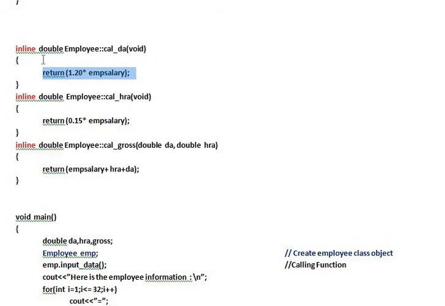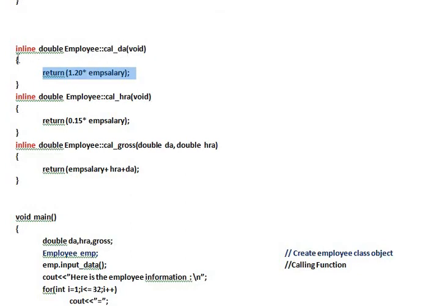But there can be a situation where this member function cal_DA contains many lines of code, say 500 to 1000 lines. Then it becomes very difficult for the compiler to treat this member function as inline.